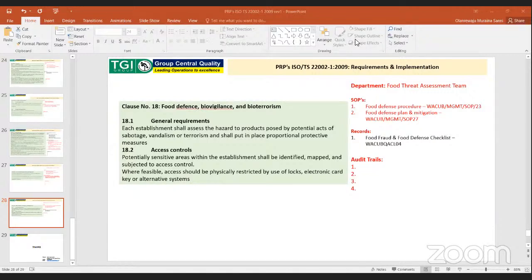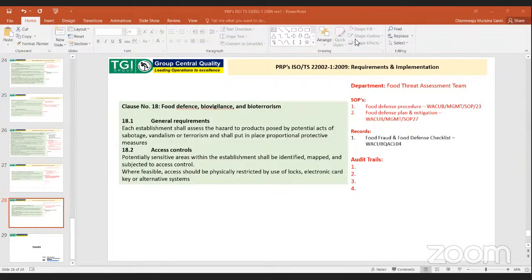So when the auditor is asking any questions, you can see which SOP answers which requirement of the standard. If you have any questions or doubts, we can make a discussion box for another 5 to 7 minutes and then move on to the next topic.